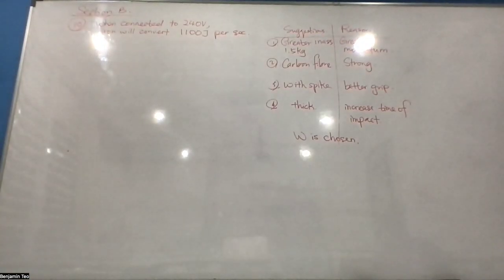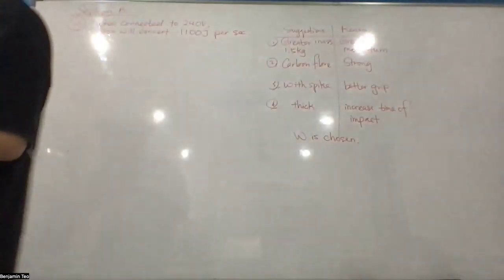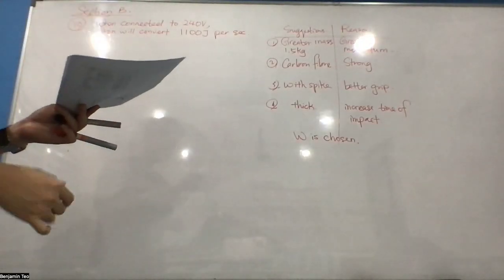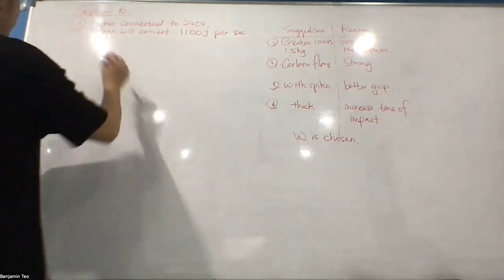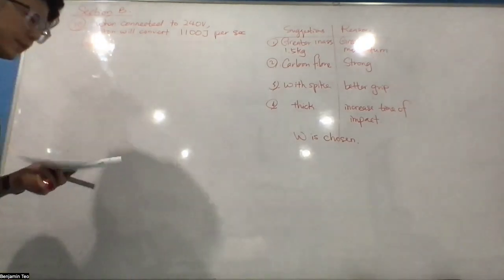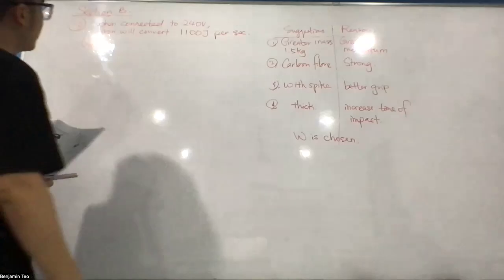Okay, open the aircon here. Calculate the current that flows through the electrical iron. Okay, so we list down all the formulas in the power.